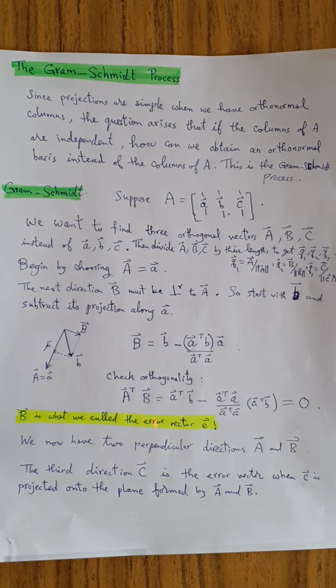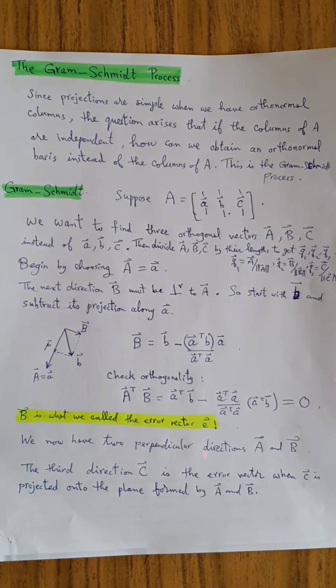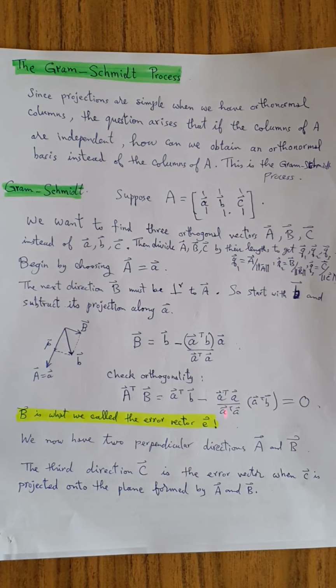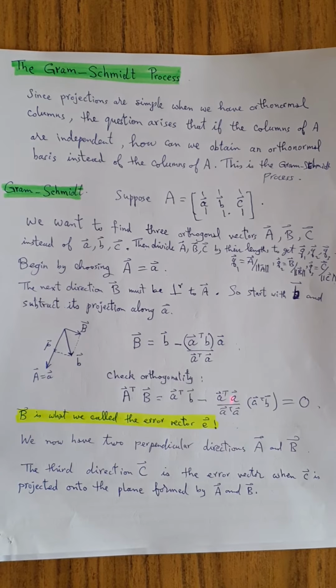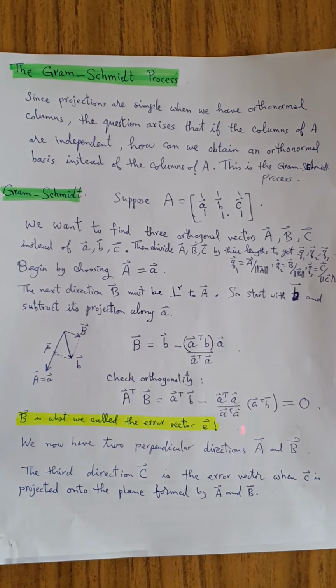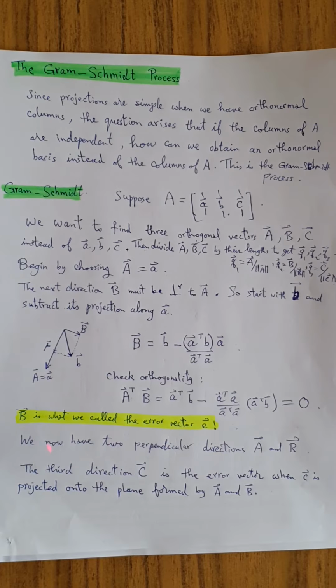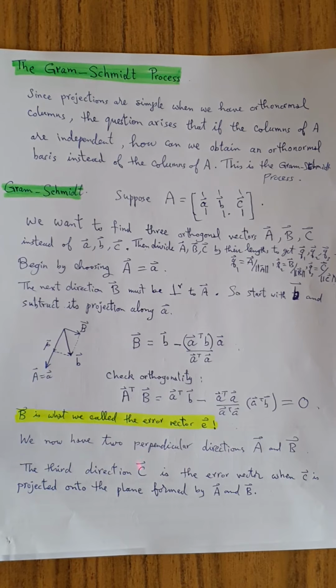A transpose B, capital A transpose times capital B, is A transpose b minus A transpose A divided by A transpose A times A transpose b, which is equal to 0. B is what we call the error vector e, which is perpendicular to A.